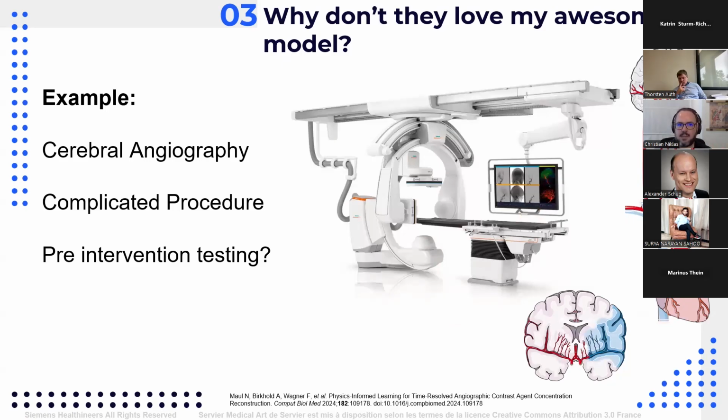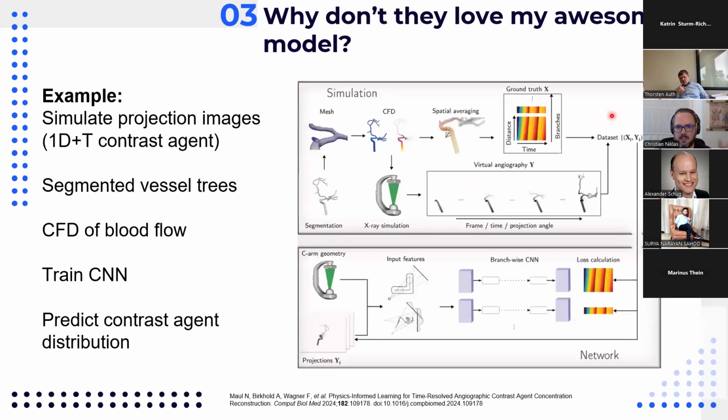So is there a way of pre-intervention testing of some of the questions that we have considering this invasive intervention? What they did is they basically simulated that machine that I've just shown you and simulated rotational images. The vessels here, these wiggly bits, those are the vessels of the brain.